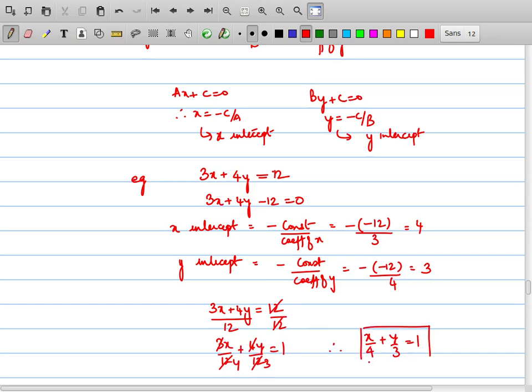Therefore if you compare your equation with the standard form, x upon a plus y upon b equals 1, what is your x-intercept? 4. And what is your y-intercept? 3, which we have already got if we can remember the formula. We don't have to do all this stuff. I hope you have understood the question.